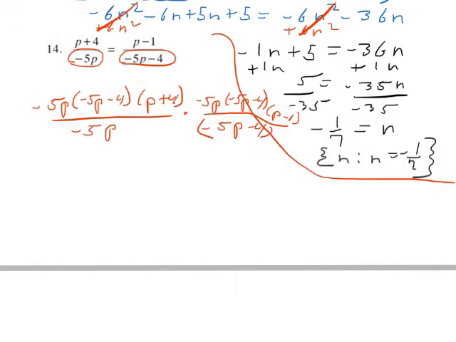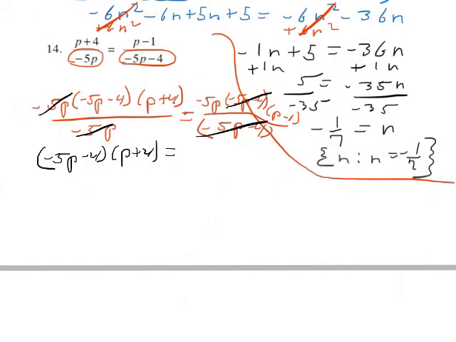So these divide out, and I'm left on this side with a negative 5p minus a 4 times p plus a 4 equals. And I just saw something that we need to put in place up here. This needs to be an equal right there.